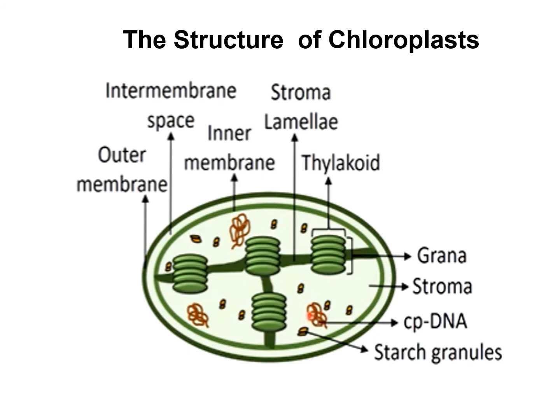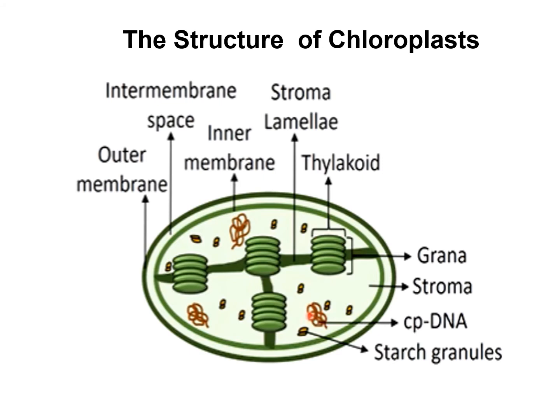The chloroplast DNA, which we call cpDNA, chloroplast ribosomes, the thylakoid system, starch granules, and many proteins are found floating around in the stroma. The thylakoid system is suspended in the stroma. It is a collection of membranous sacs called thylakoids.